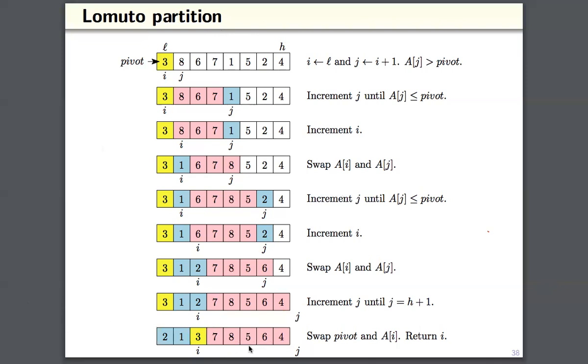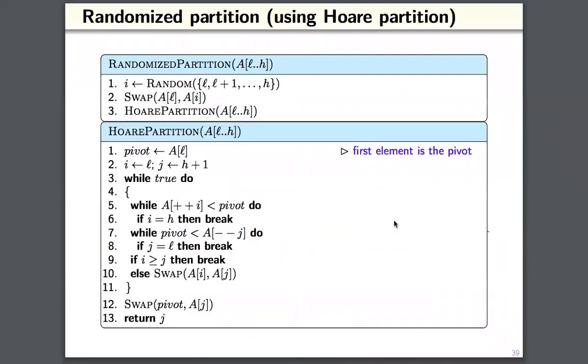Let me move to the next algorithm. Next, we will look at Hoare partition. This is the logic for Hoare partition. I won't go through each and every line in the pseudocode, because you can derive the pseudocode once you understand the logic.